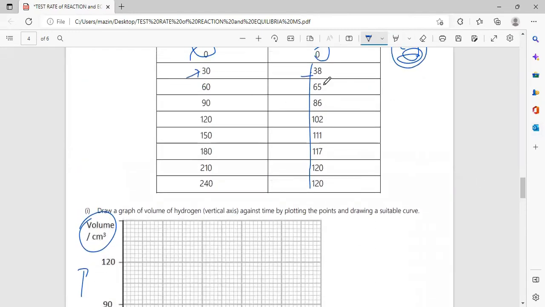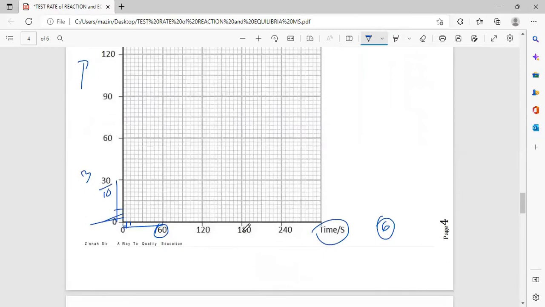First, it says 0, 0, and second, it says 30, 38. 0, 0 means both are 0, to be here. That should be drawn with a cross all the time. And 30 is between 0 and 60, it must be in the middle, right?